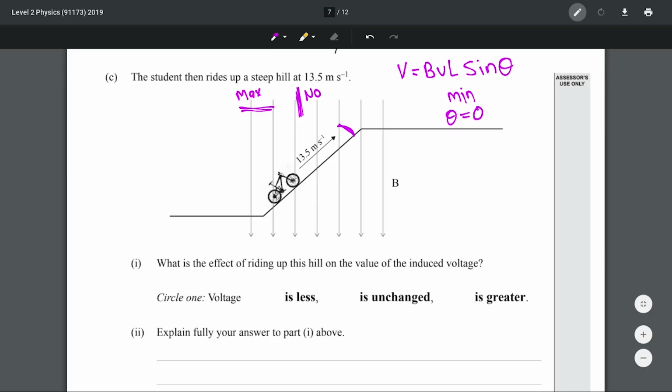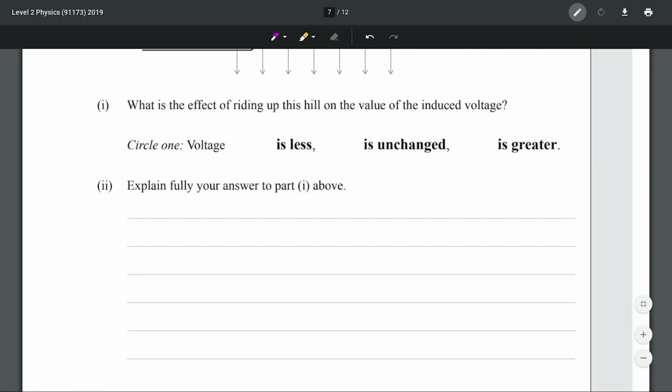In fact, the sine theta goes to 0, and it's at a maximum when theta is equal to 90 degrees. And so this is really a mathematical expression of what I'm about to put into words. And so the voltage is in fact going to be less, and let's try and put this into words.